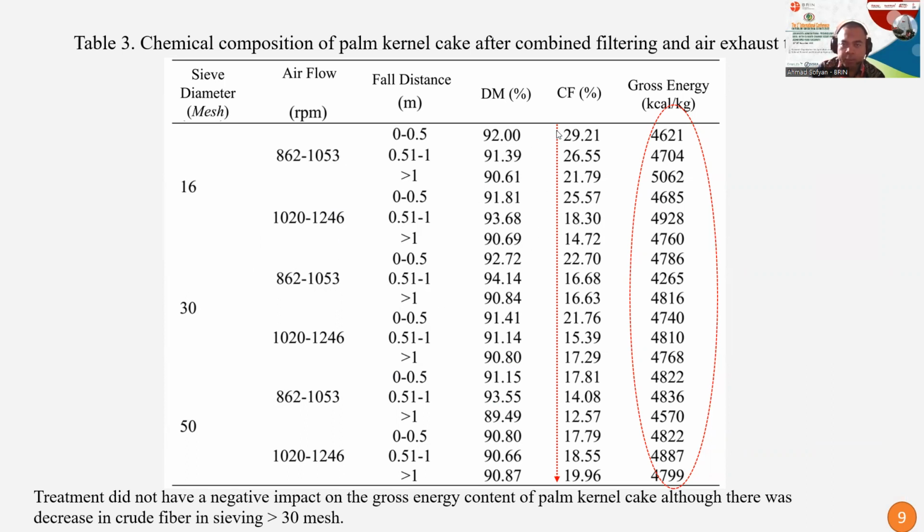So the crude fiber becomes lower when the sieve is higher in mesh size.